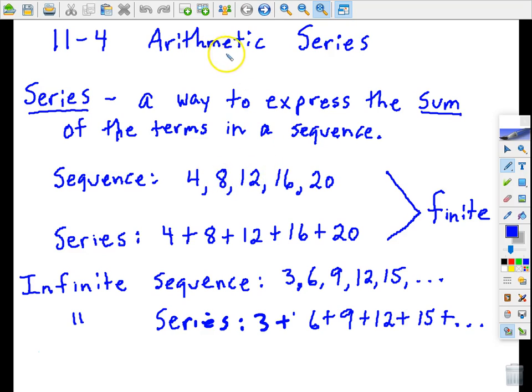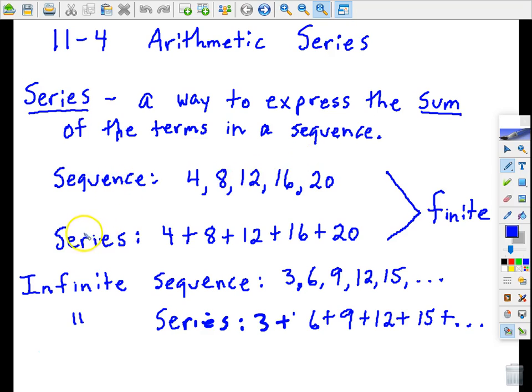If it's truly arithmetic, then the pattern will be that we're adding the same number each time to get to the next term, and we call that the common difference. In my example here, this is a sequence where the common difference is 4. Notice that we're adding 4 each time.